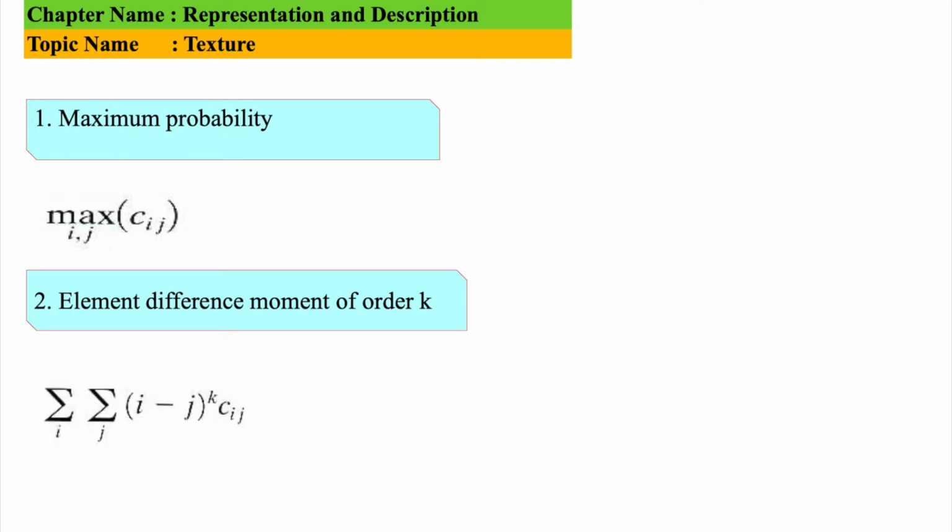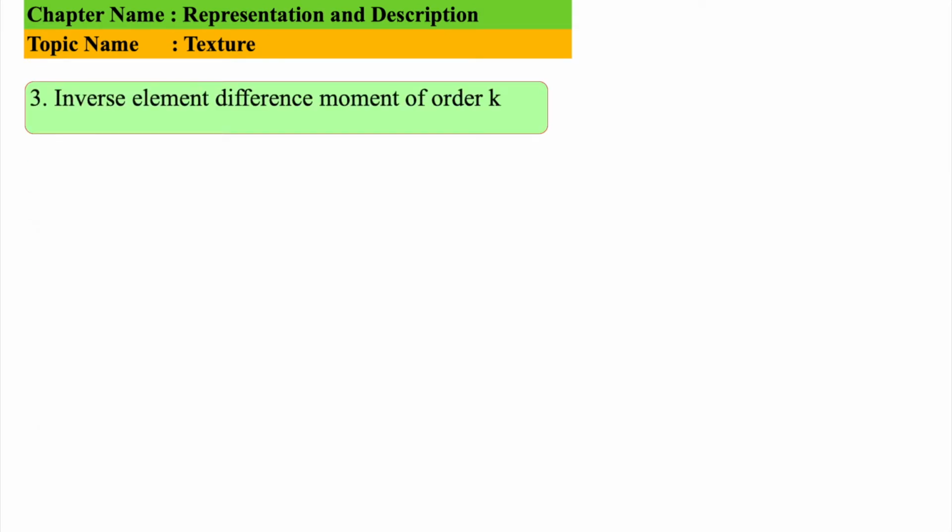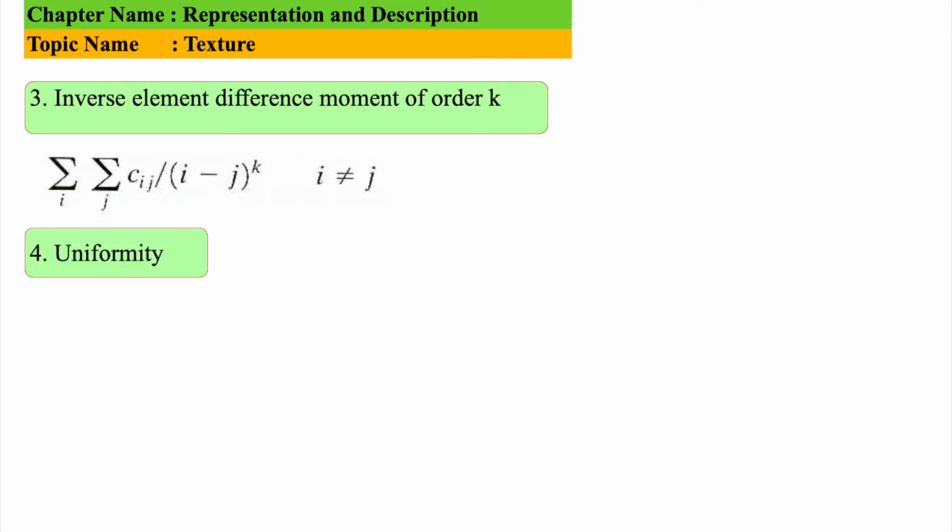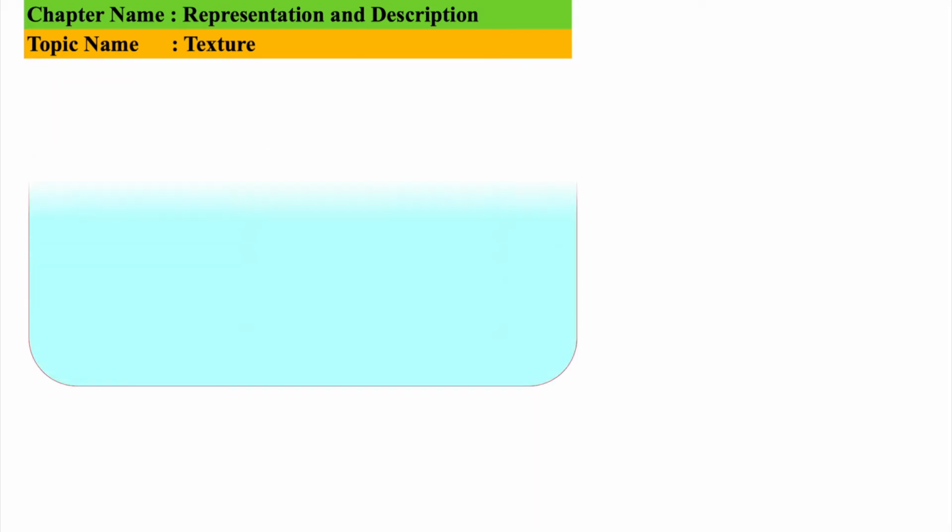The basic idea here is to characterize the content of capital C via these descriptors. For example, the first property gives an indication of the strongest response to the positional operator capital P.